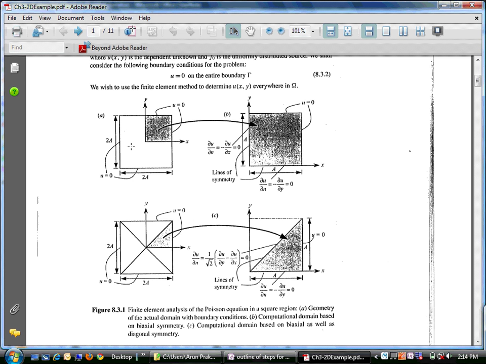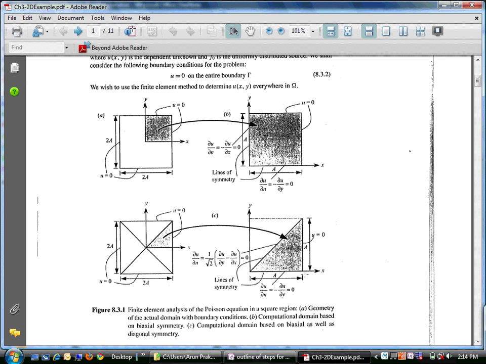So if your original problem had 1 million degrees of freedom, you have just cut down your problem size by 8 times. So in a large problem, you must try to find if the problem is symmetric and find the smallest problem that you can solve and still get the correct answer.